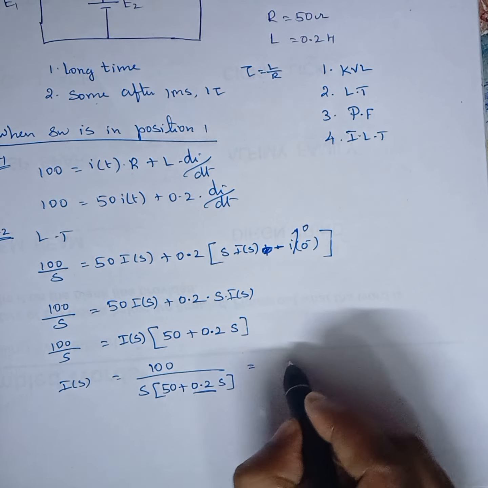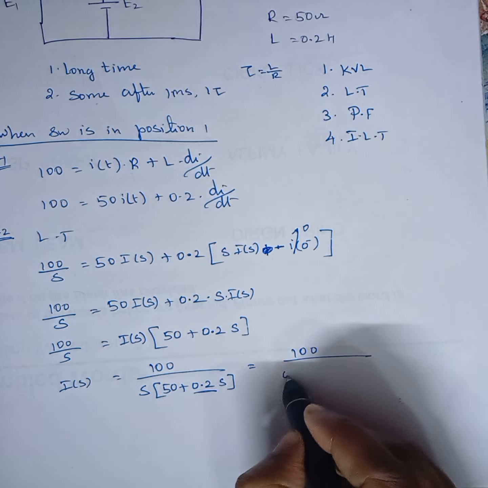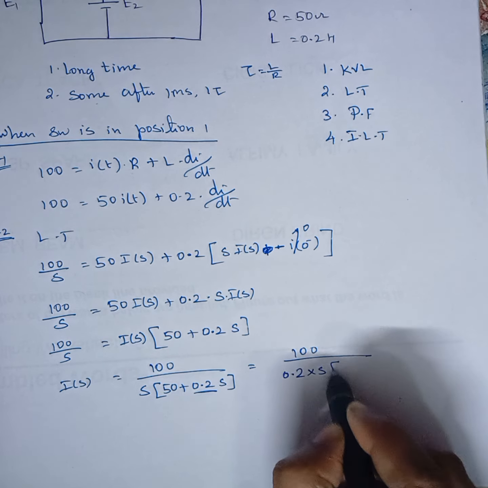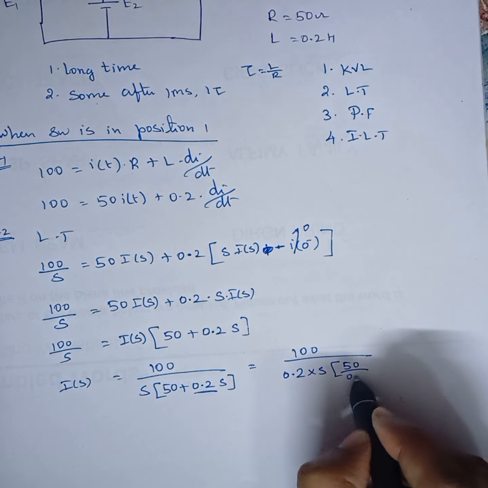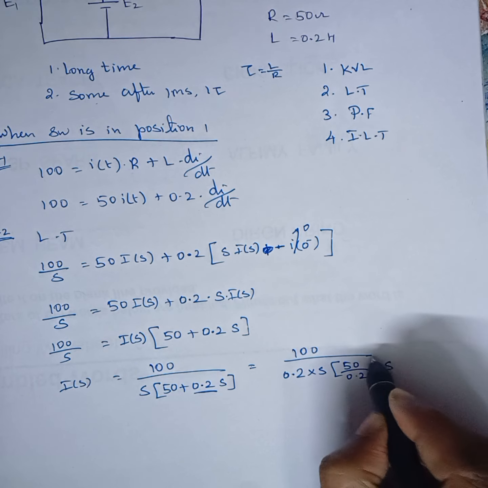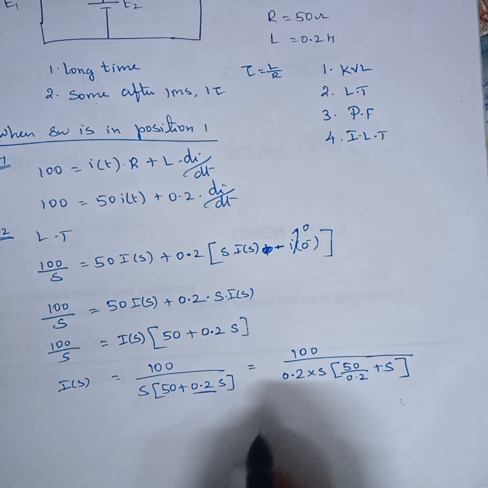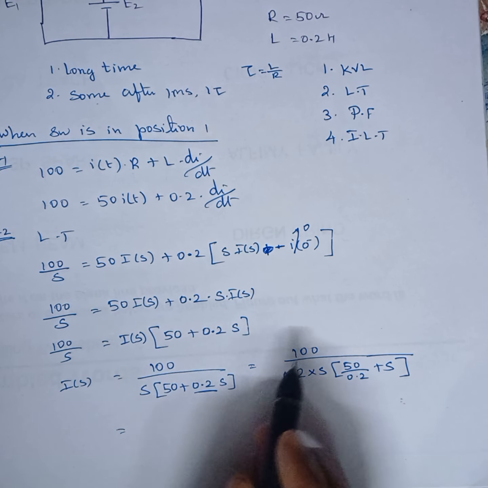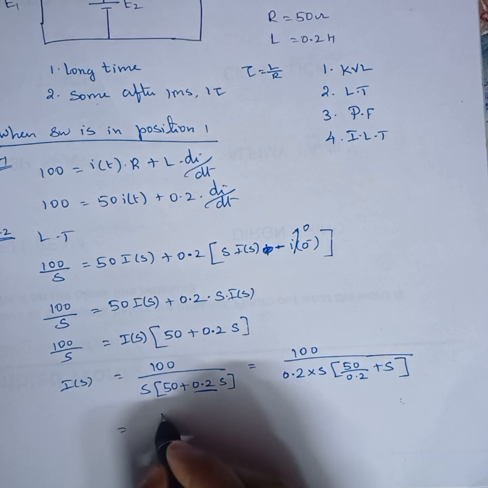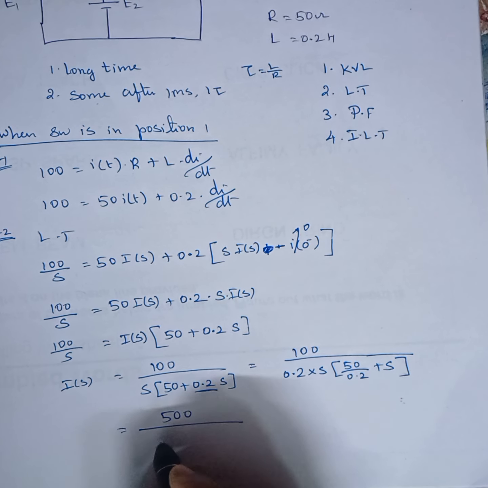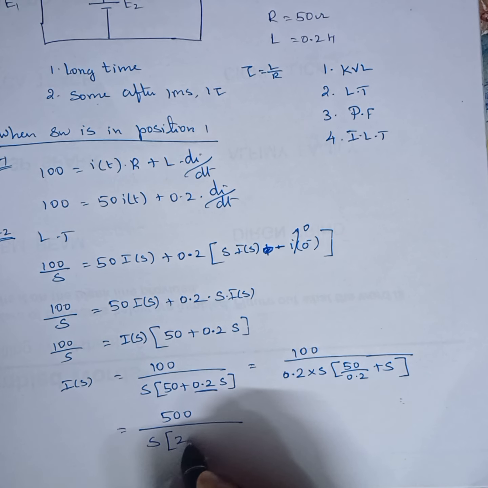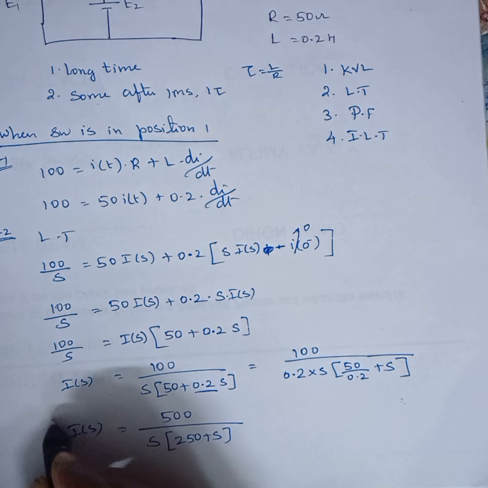If you take it outside, 100 divided by 0.2, multiplied by 1 by s into s plus 50 by 0.2. Clear? Now 100 by 0.2 is equal to 1000 by 2. So we get 500 divided by s into (s plus 250). This is I(s).